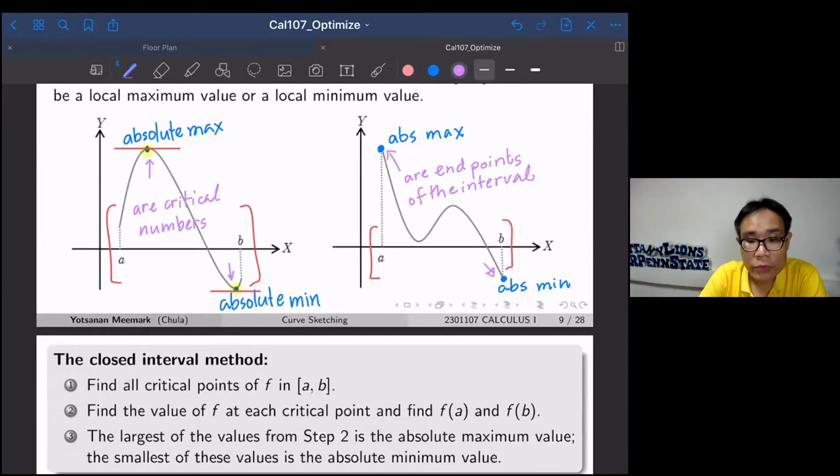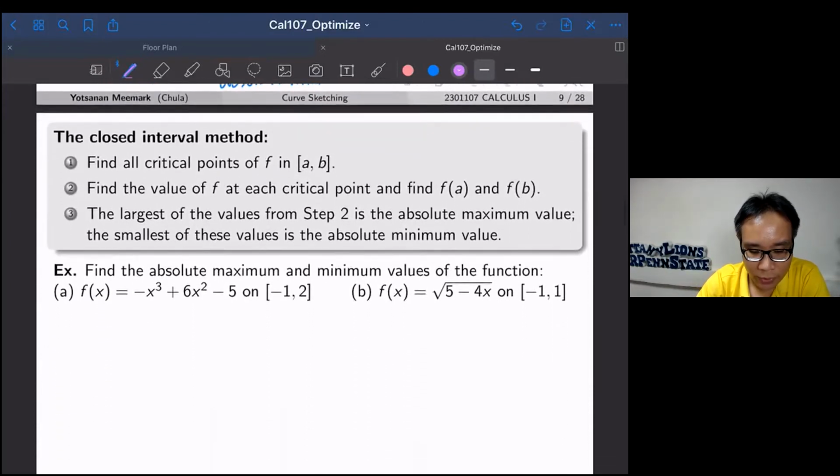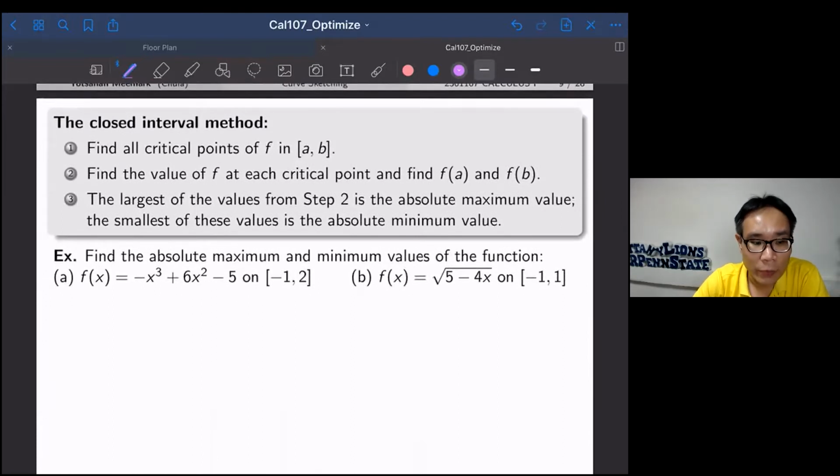So in this case, we may conclude that the absolute maximum and absolute minimum will happen at the points where you have the critical numbers, or at the endpoints of the interval A and B. So this is the way to test for extreme values. The first step is to find all critical points of the function f in the interval AB.